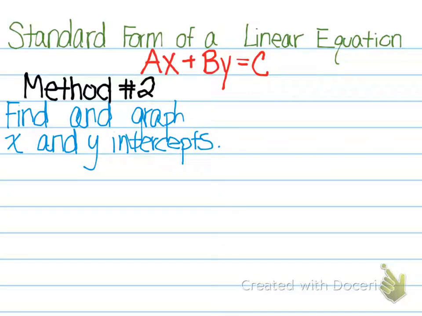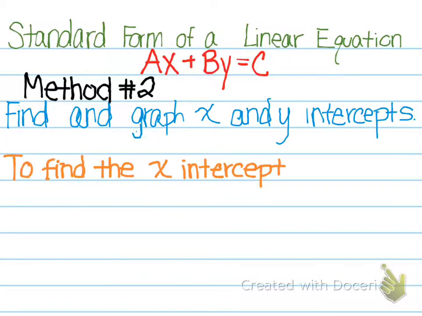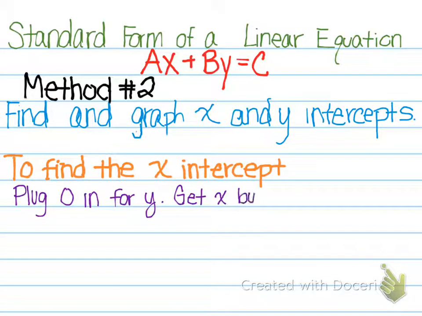Okay, so now let's talk about how to find the x-intercept. So to find the x-intercept, you're going to plug 0 in for y, and then you want to get x by itself. So why do we plug 0 in for y?